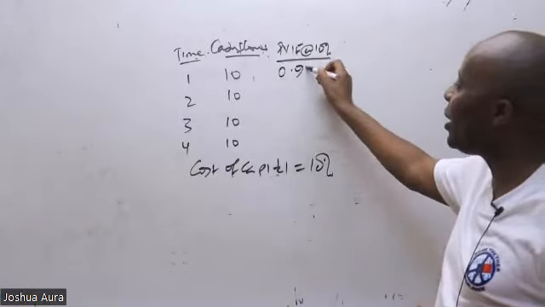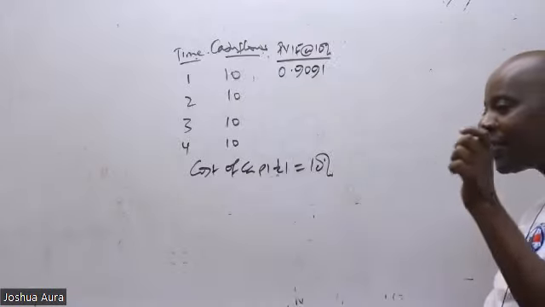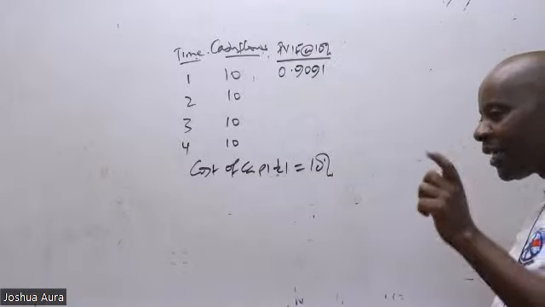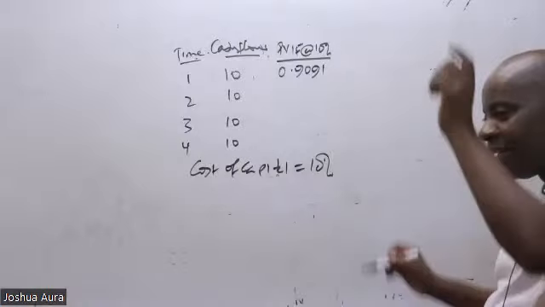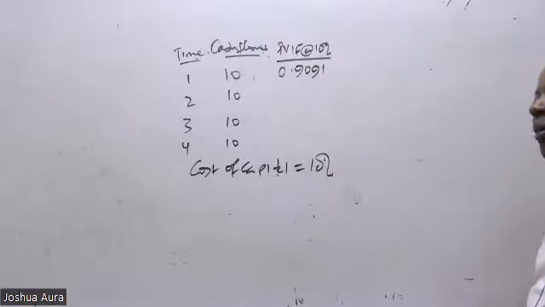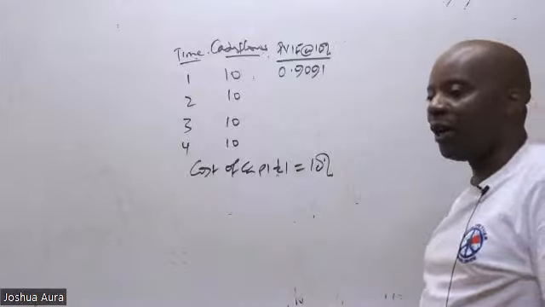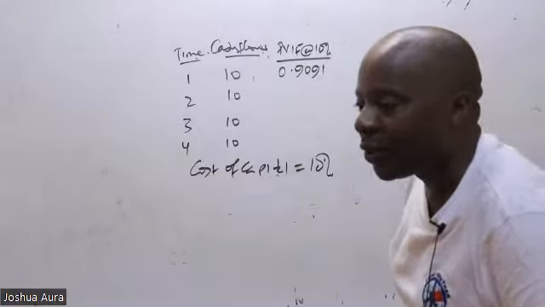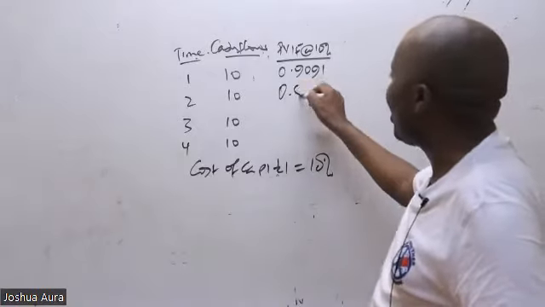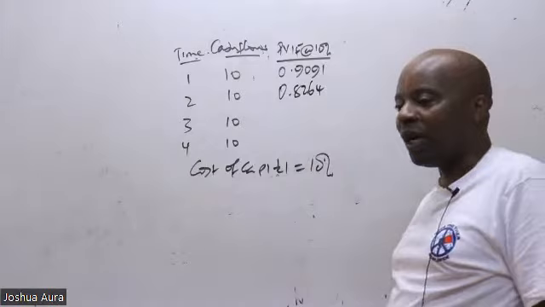The first one is 0.9091. Is there somebody who can remind us these figures? We are copying and pasting from the question above. End of year 2, what do we have? Kinywa Anthony tells me 8264.